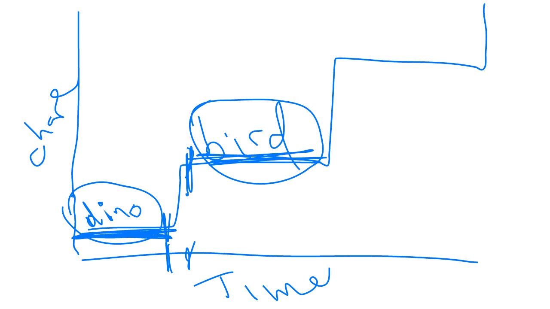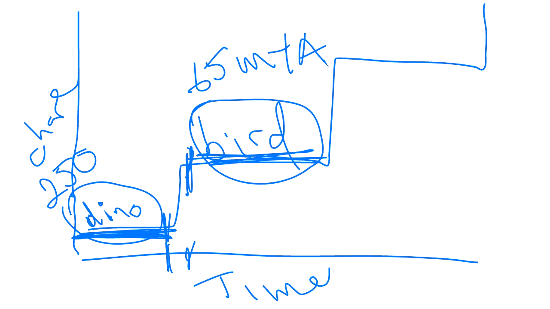Well, play the game of quantity, right? If the dinosaurs were around 250 million years, modern birds have been around 65 million years, and let's say that those transitional forms, the Archaeopteryx and all the other ones we're going to talk about, were only around, and I'm just making this number up, let's say 2 million years.